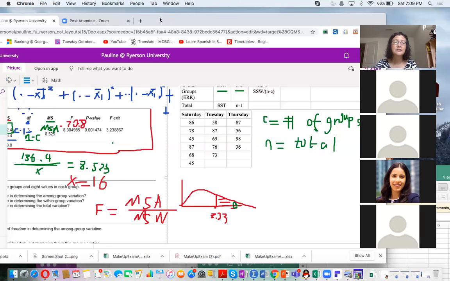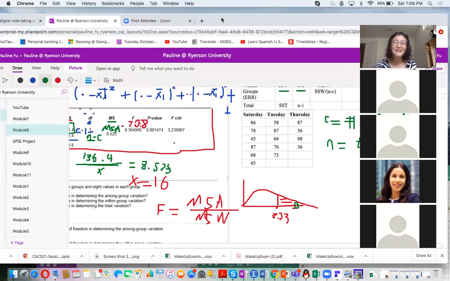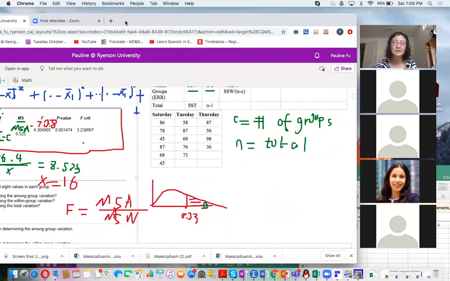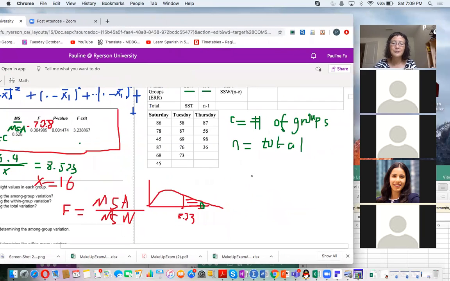First, you create 2 lists, not 3 lists. So list 1, list 2, just 2 lists. And then in list 1, you count how many students are in group 1: 1, 2, 3, 4, 5, 6. You have 6 students from group 1.